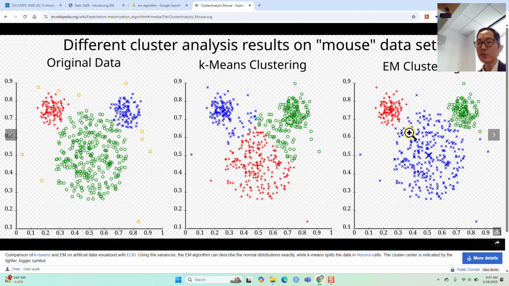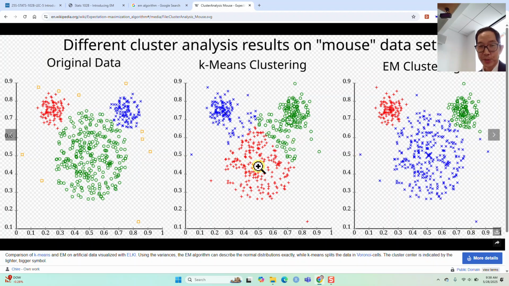Whereas the EM algorithm, as far as the clusters go, is able to say, you know what, this cluster of points has a very small variance, okay? And therefore, these points that are out here, even though as far as Euclidean distance goes they are closer to the centroid of this cluster up here, because this cluster has such small variance, they are less likely to be assigned to this cluster and more likely to be assigned to the cluster in the center. The cluster in the center has a huge amount of variance, so it's able to get these points that are way out here.